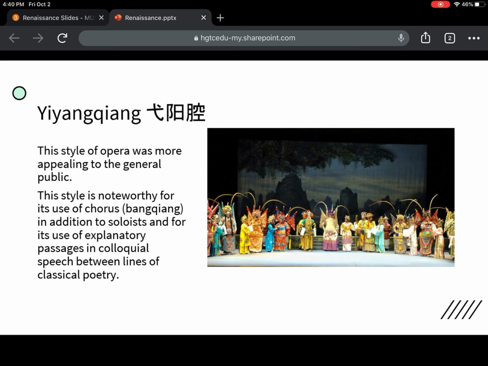So rather than speaking in these highfalutin, highly academic terms, they would come out and speak to you as if you were just talking on the street with a friend.